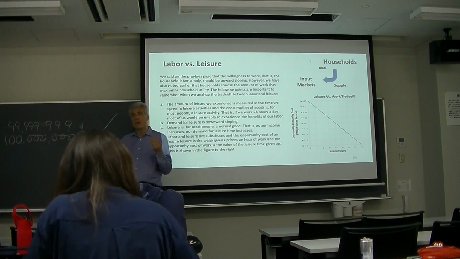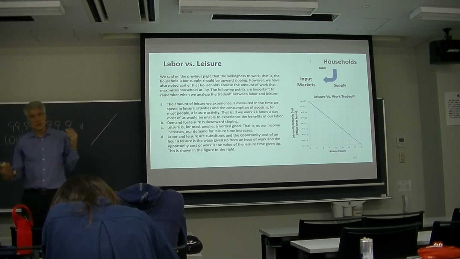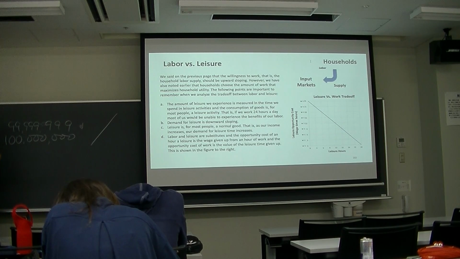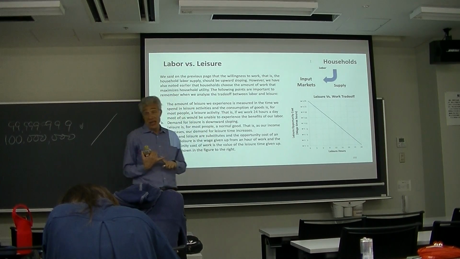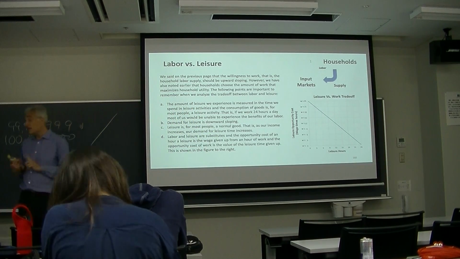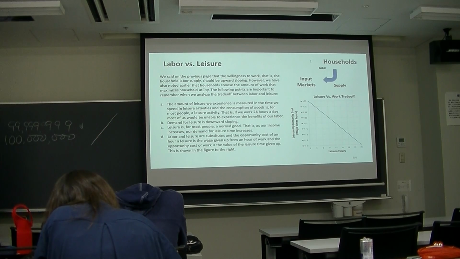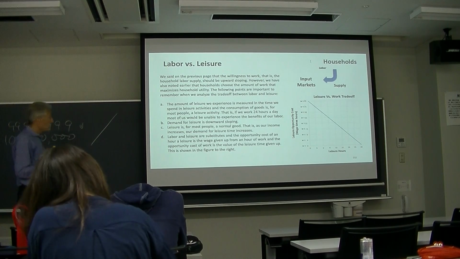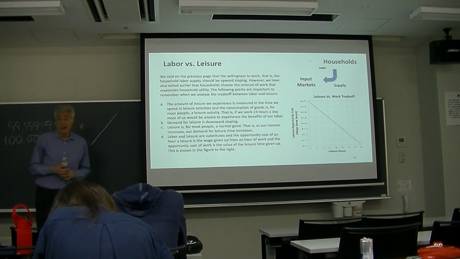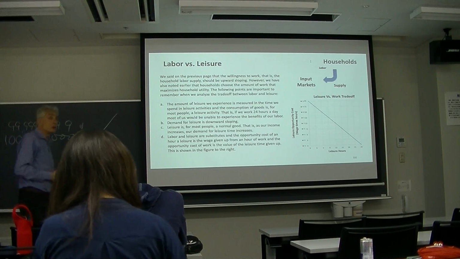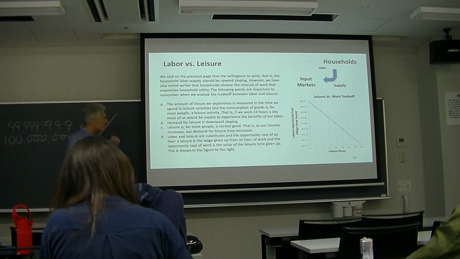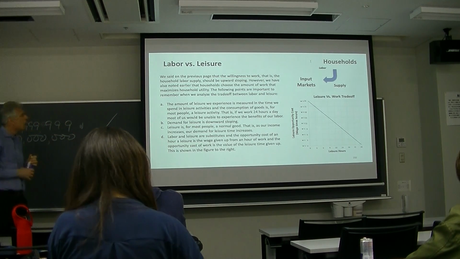You can see right away that when we need money, we have to work to get income one way or another to live. But on the other hand, we also want some time off. We need to sleep. We have other activities, social activities. It isn't just work. And what's the balance? How do people make those choices? That's what we want to think about.